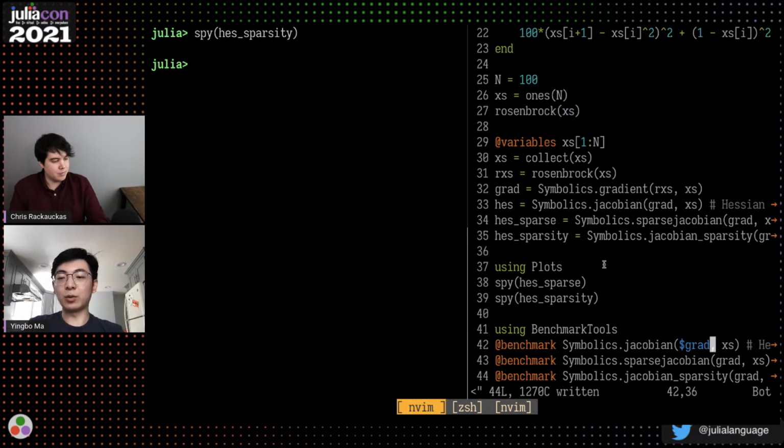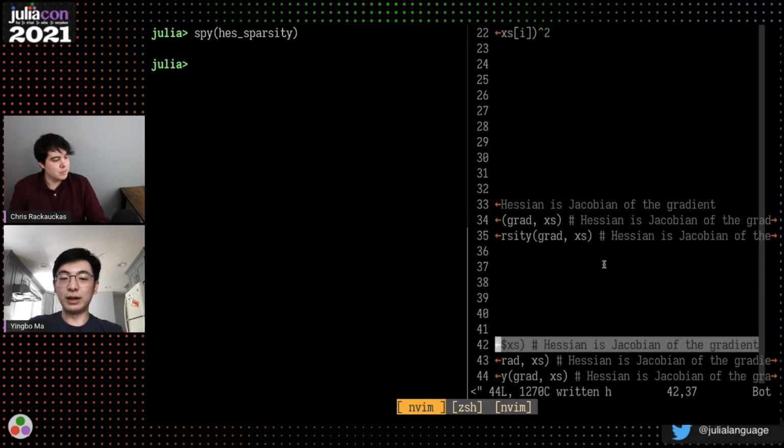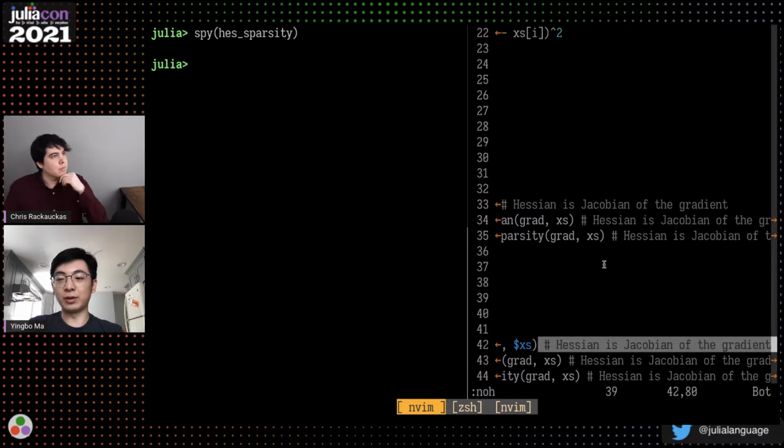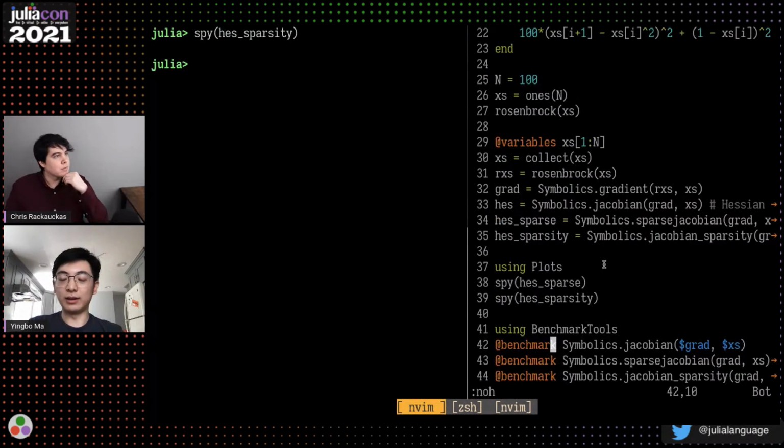And because grid and xs are global variables, the benchmark is going to be more accurate if you interpolate those global variables into the expression.